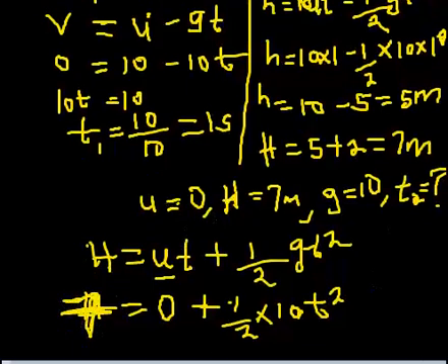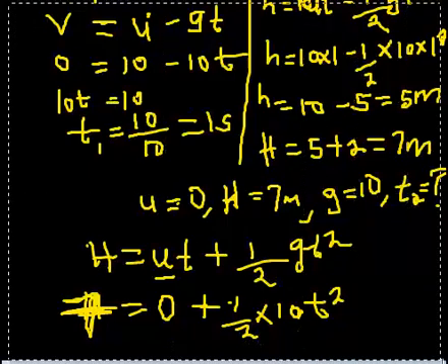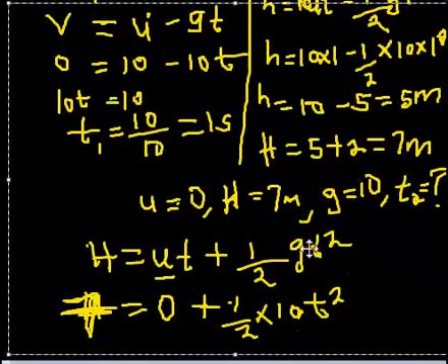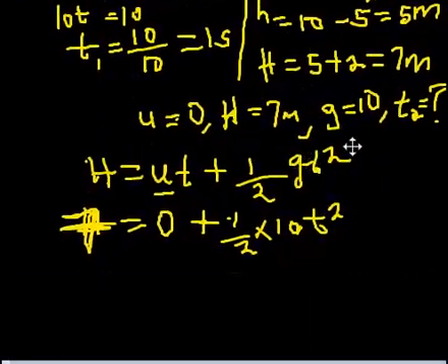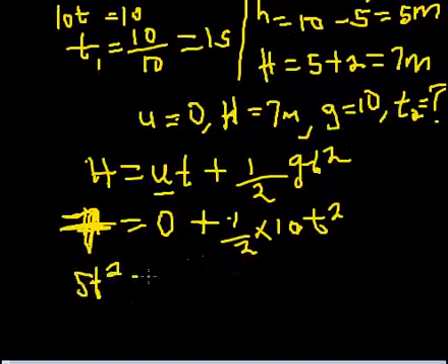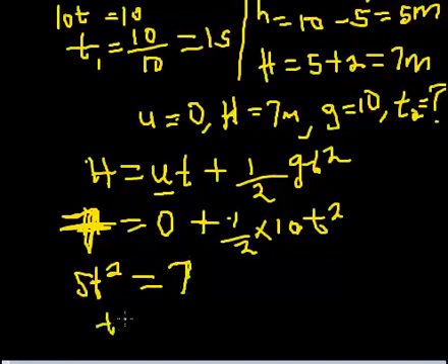Rearranging this equation, half of 10 is 5. So I'm going to have 5t square equal to 7. So t square is going to be equal to 7 all over 5. Of course, the calculator will help us here.